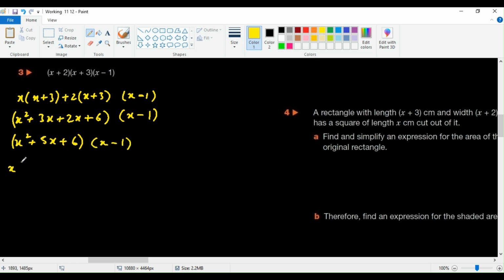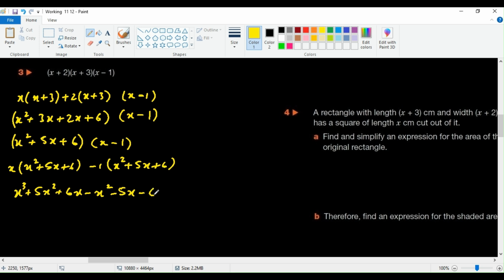So first I will multiply by x² plus 5x plus 6, and then again we multiply with minus 1, to give us x³ plus 5x² plus 6x minus x² minus 5x and minus 6, to give us x³ plus 5x² minus x².